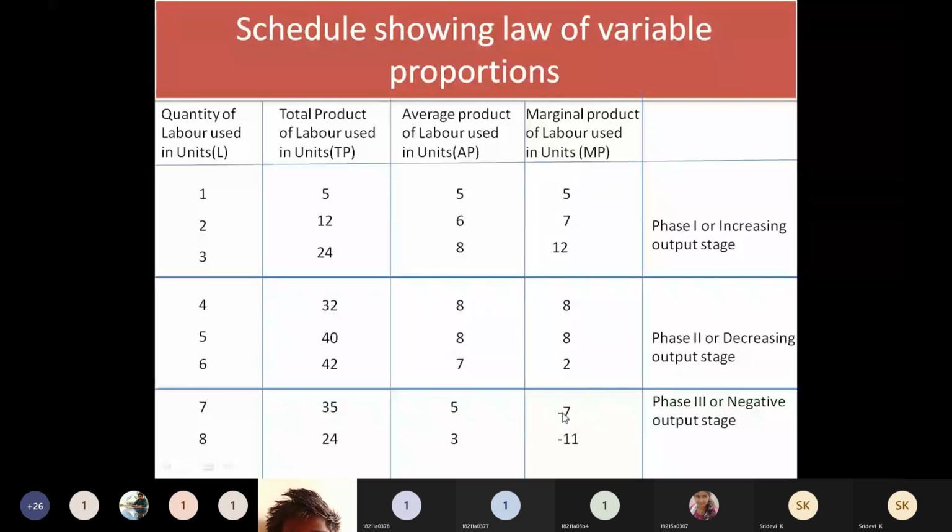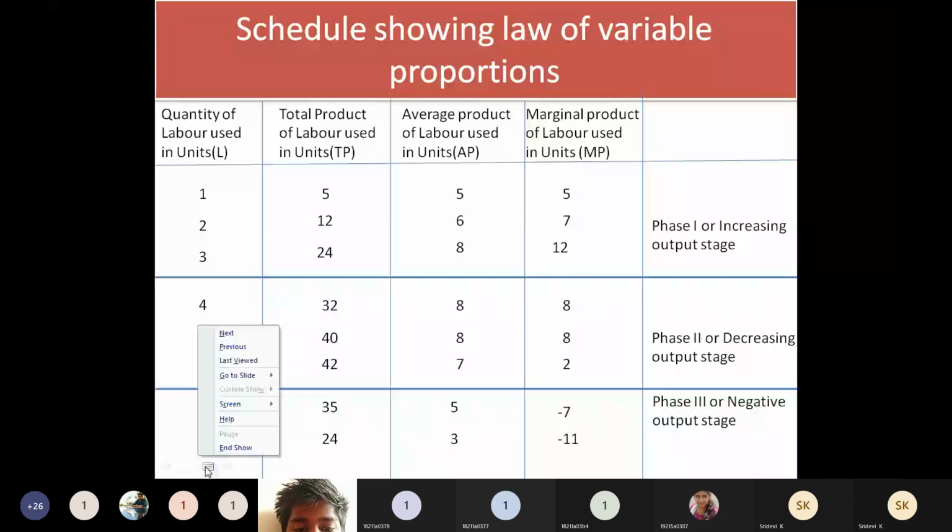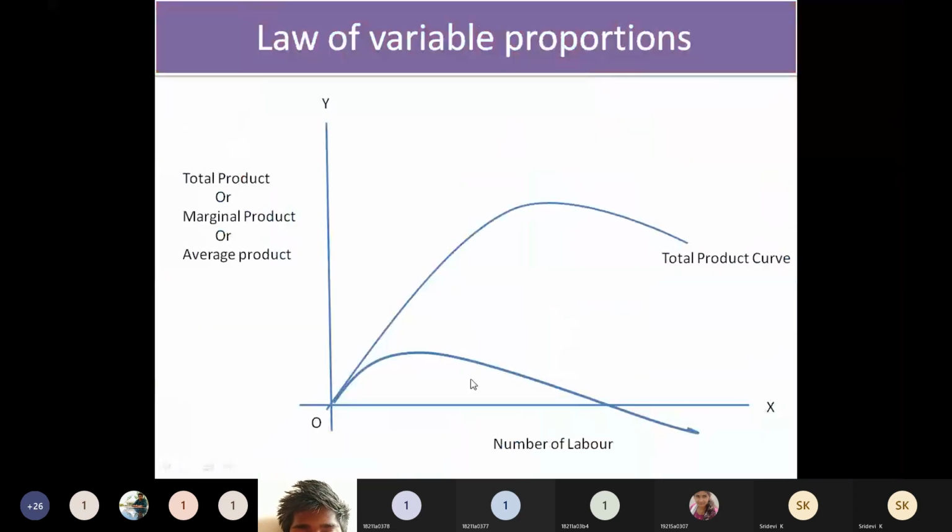So after crossing the x-axis, it is entering into the minus values. That is what we are going to show in the graph like this. Name this as the marginal product curve.